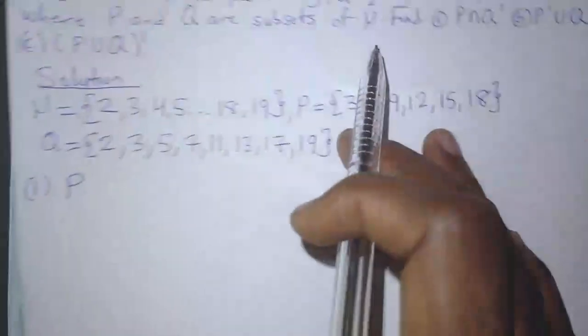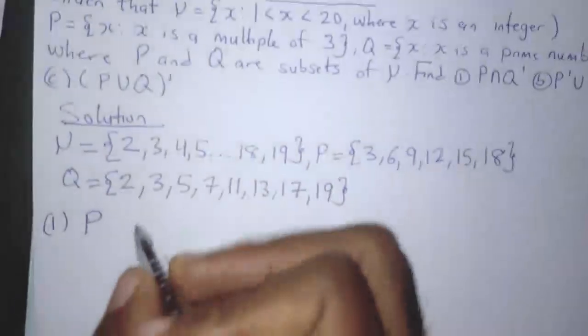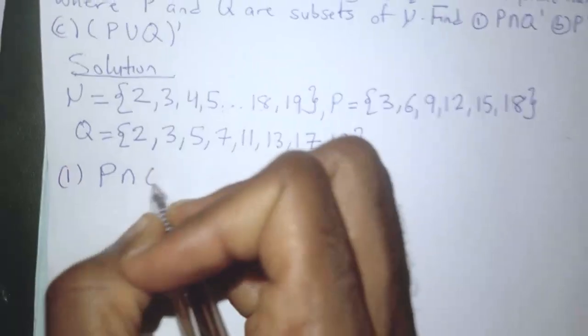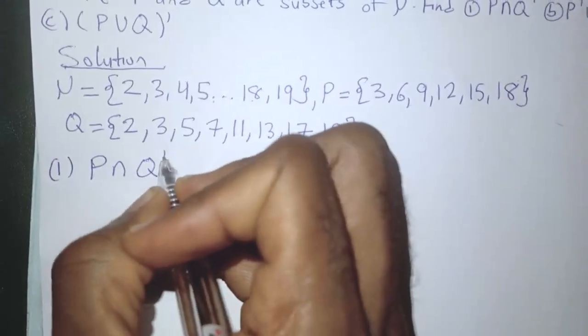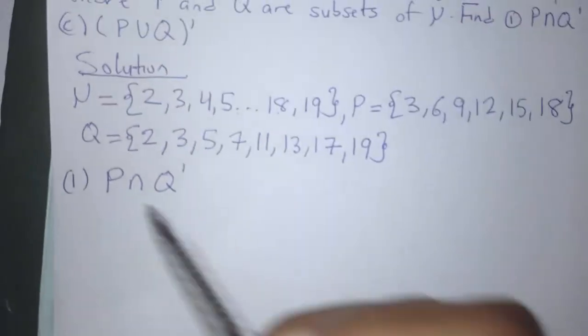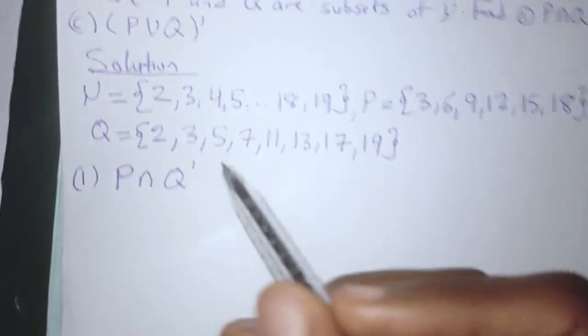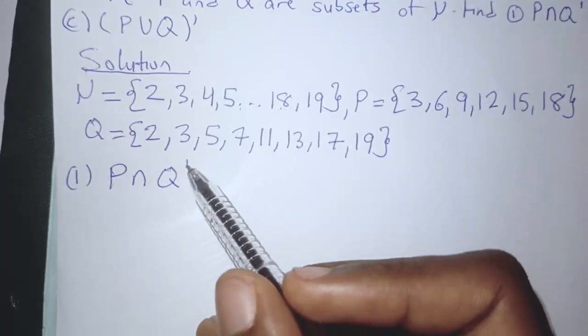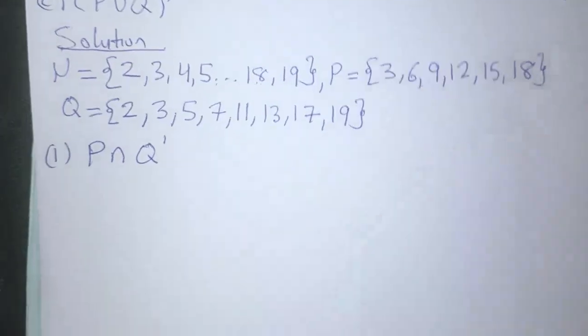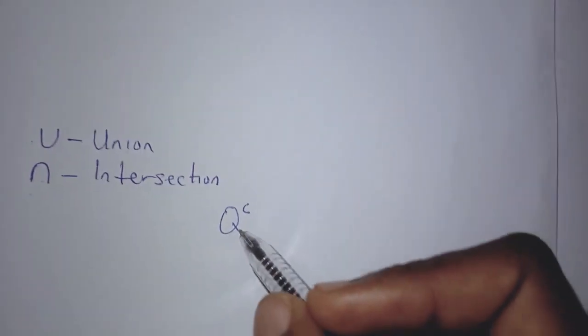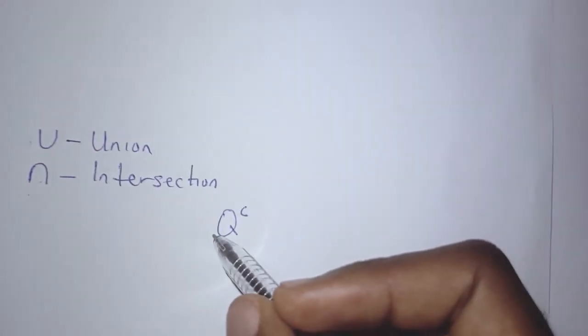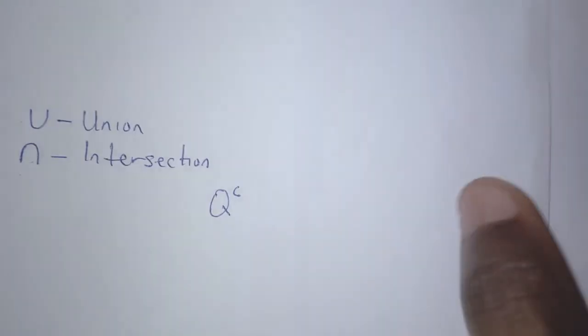And you notice that what you have here is P intersection Q prime. I already talked about what intersection means. Now, what do we call prime? This is called prime, and in some cases, you will see it written as Q complement, as if you have Q raised to C. They actually mean the same thing.